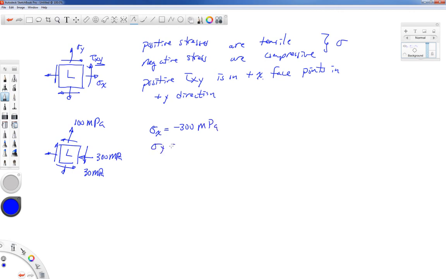I would use sigma y equal to plus 100 MPa in my Hooke's law equations, and my tau xy would be minus 30 megapascals in those equations.